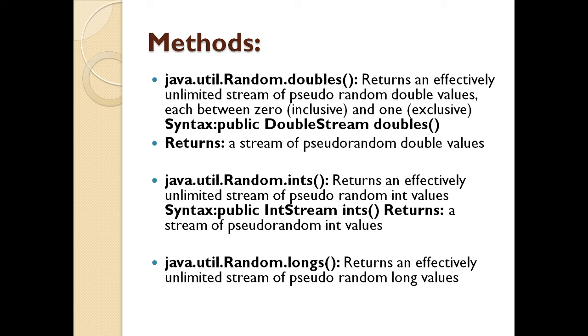It returns a stream of pseudo random double values. Then if I want to return random int numbers, I write the ints method. java.util.Random.ints returns the integer type. This is the syntax: public IntStream ints(). It returns a stream of pseudo random int values. If I want to return longs, then we have java.util.Random.longs and the longs method.